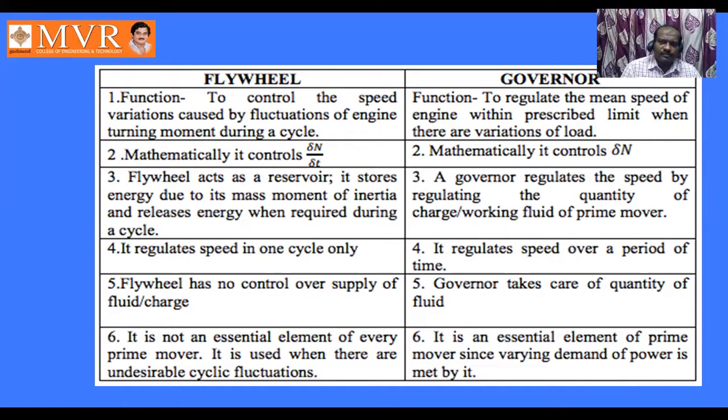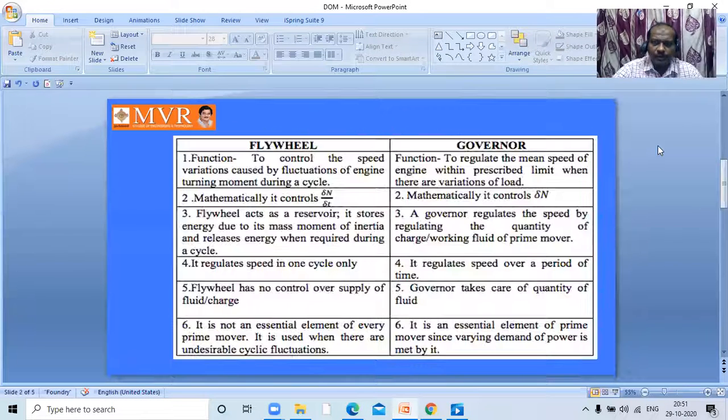Those classifications: one is simple, dead weight, spring type. These are the 3 classifications which we are going to use. Next, if you observe this numerical problem, we'll go for it by solving it.